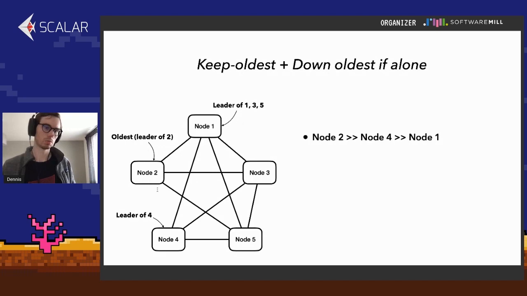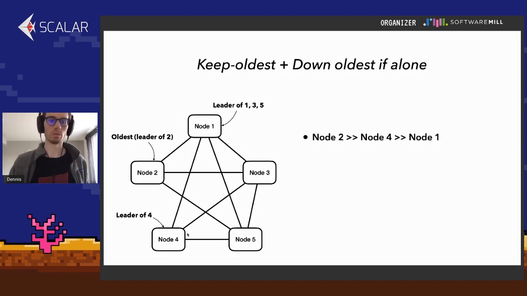So node 2 will be the leader of itself, because no one else can reach it, since it was detected as unreachable and has kind of lied to everyone about it. All these nodes here, 1, 3, and 5, will pick node 1 as their leader, because they can't reach node 4. And finally, node 4 is the leader of itself, because it can't reach node 2.